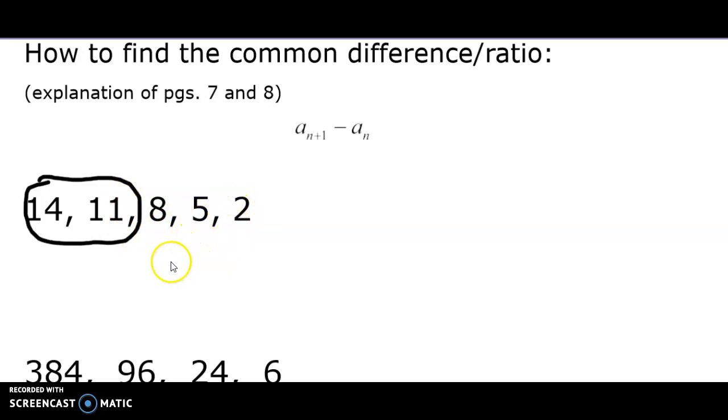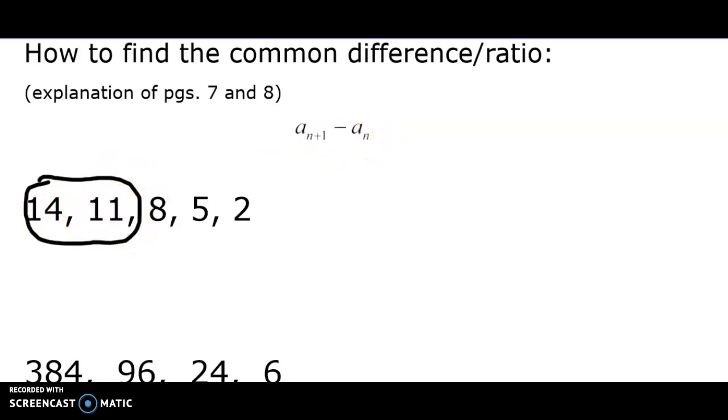Well, I want to explain that if you're not sure, you can always plug into this equation. I'm really just making you aware that this is a notation that you'll see a lot, especially if you continue in mathematics. This is just saying I want to take this number and subtract the number before it. n plus 1 is saying the next number, and n is the previous.